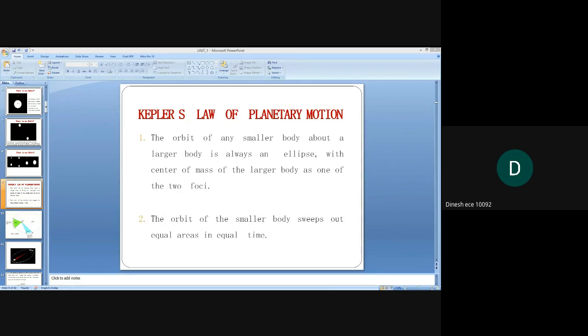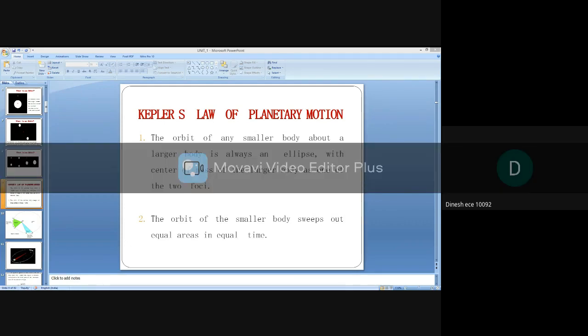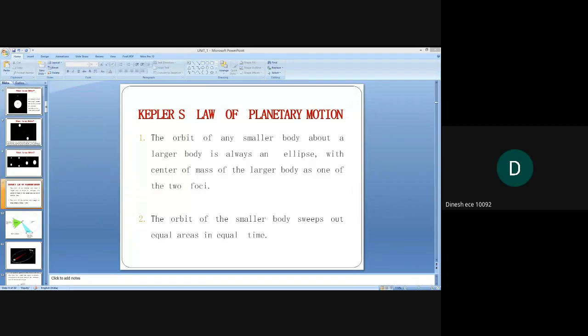So the orbiting takes place in elliptical format. It follows eccentricity, with the center of mass of the larger body as one of the two foci. So this is the first Kepler's law.